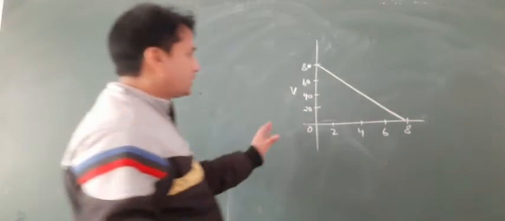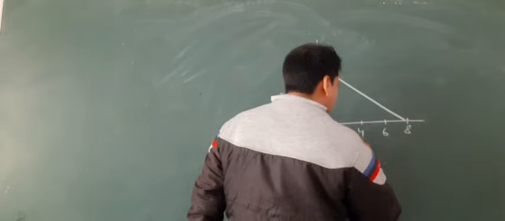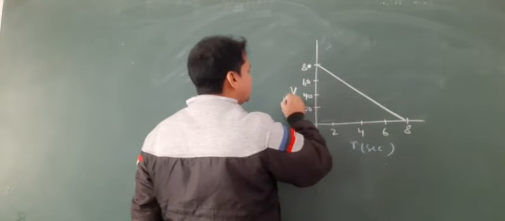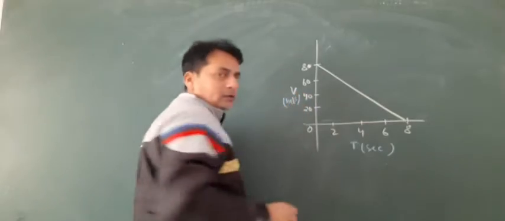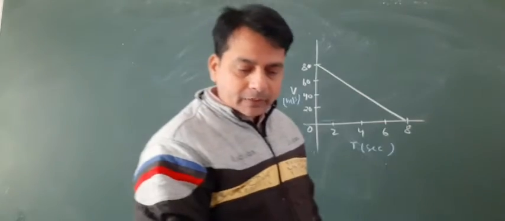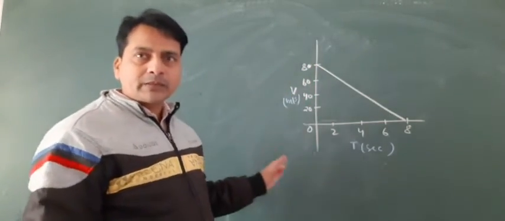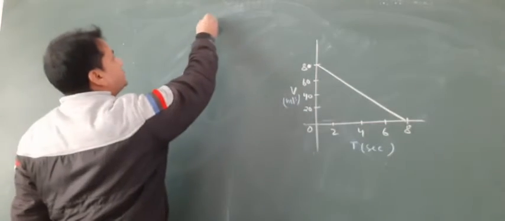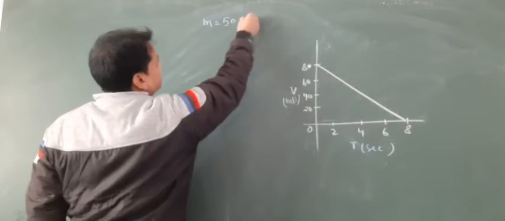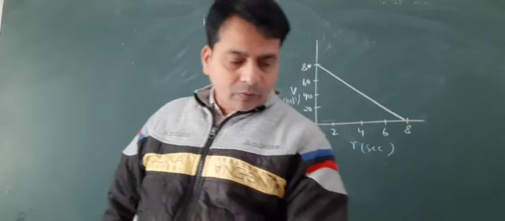Now the next question is this velocity time graph, with time in seconds and velocity in meters per second. According to this question, the velocity versus time graph of a ball of mass 50 gram is shown. The mass of the object is m equal to 50 gram, rolling on a concrete floor.